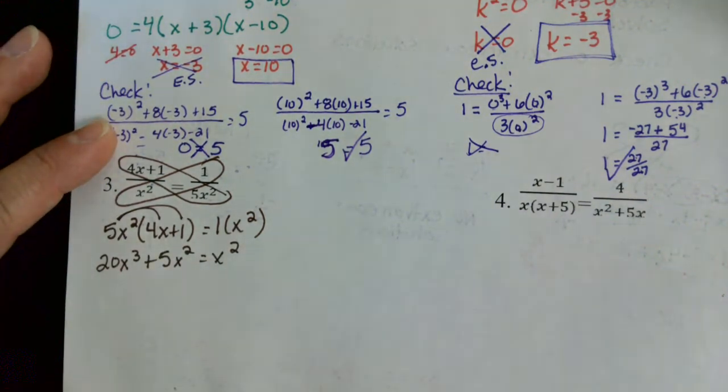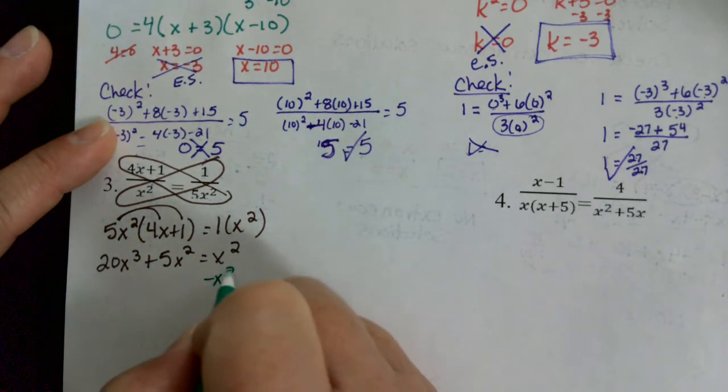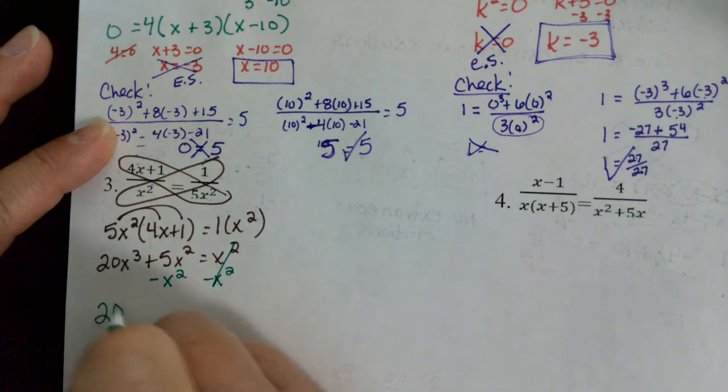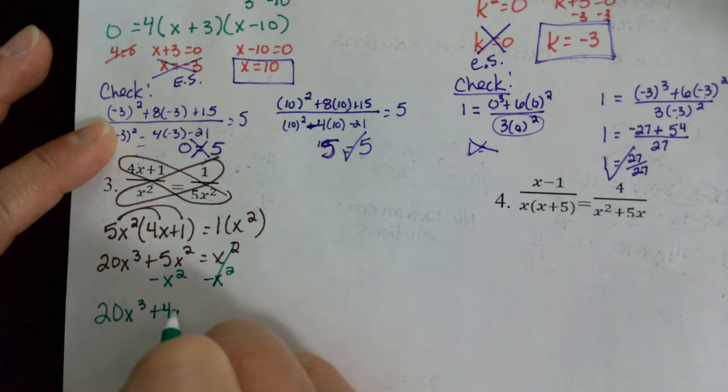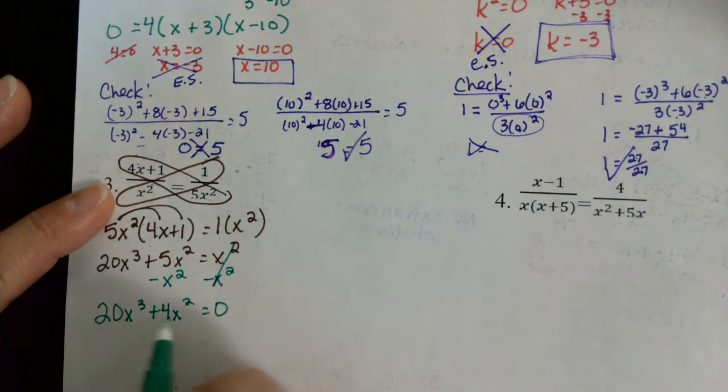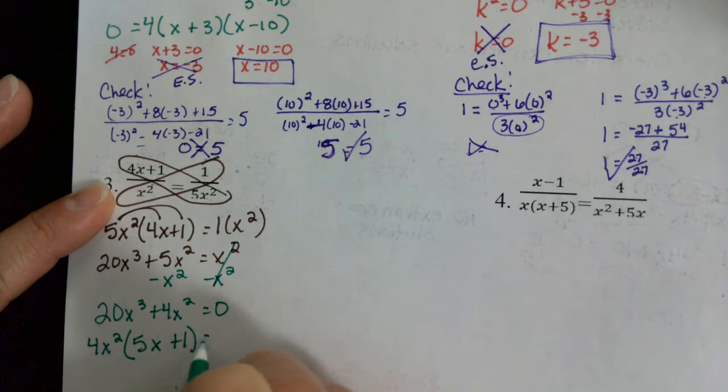And then if I subtract my x squared over here to set it equal to 0, I have 20x cubed plus 4x squared. So I have a GCF of 4x squared. And that leaves me with 5x plus 1.